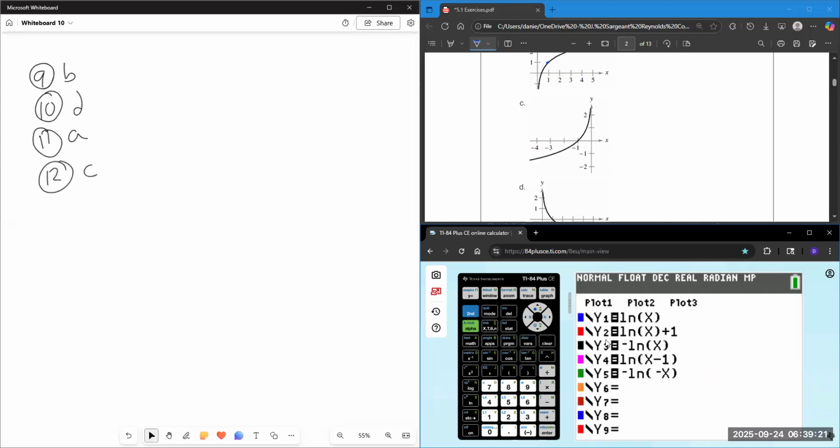I'm going to clear all those things now from my calculator so I can use my calculator for other things. But hopefully that was helpful to you to see all those transformations happen with the calculator.